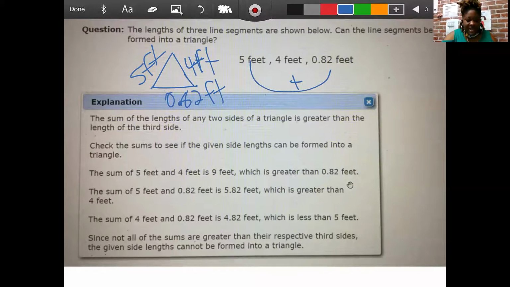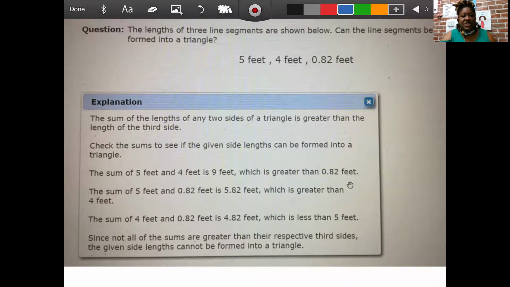So all you're doing, guys, is taking two numbers at a time and adding them to see if they're greater than the third side. If that's true, then it is a triangle, okay? So you have to add the lengths two at a time to see if they're greater than the third length. Do that for every two numbers. Every number gets a chance to be with the other numbers, okay?